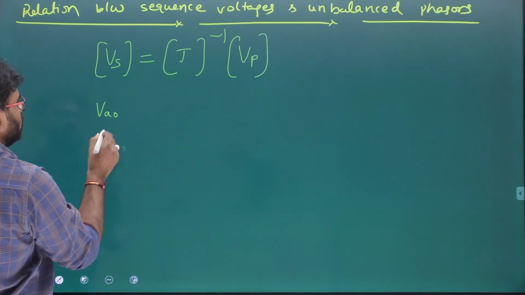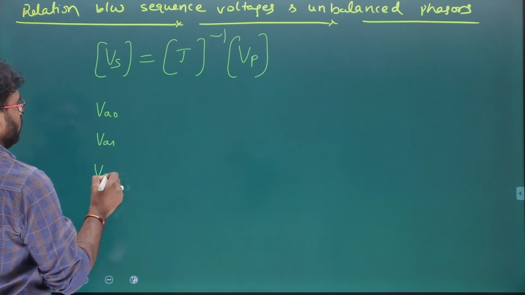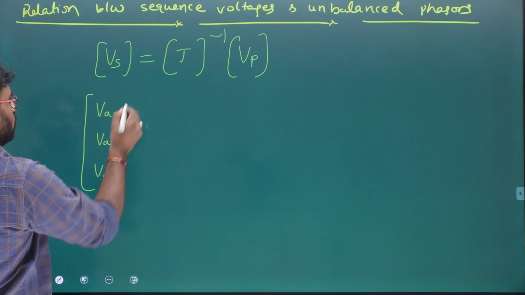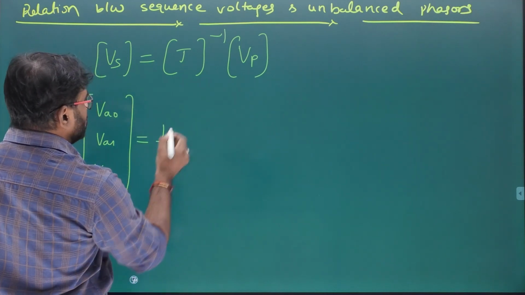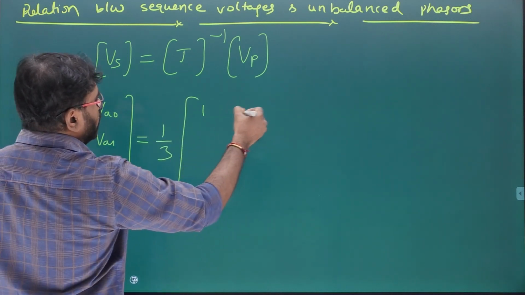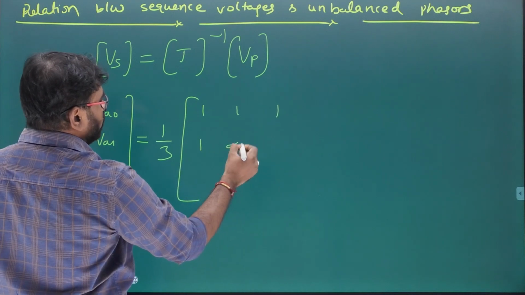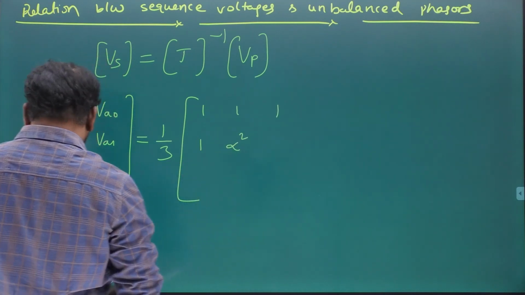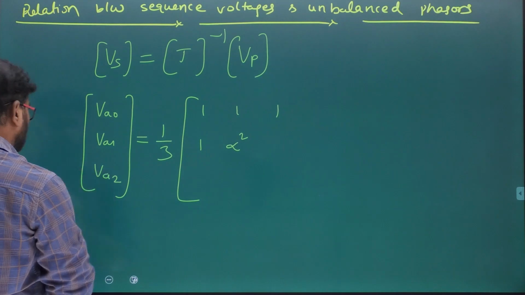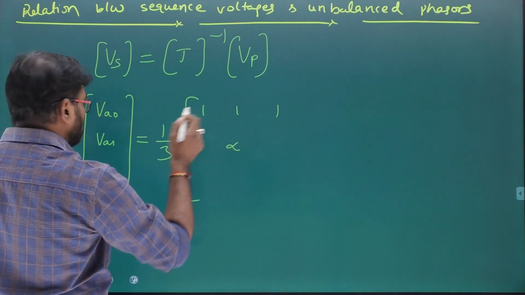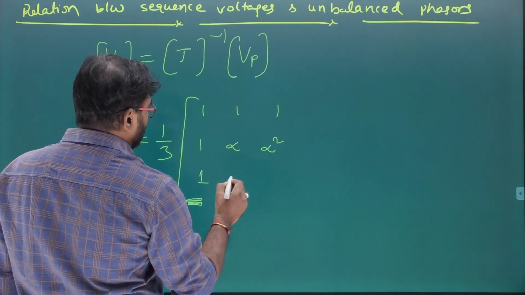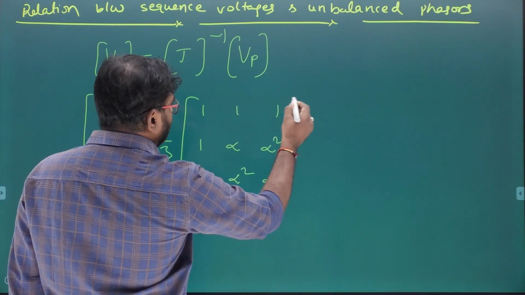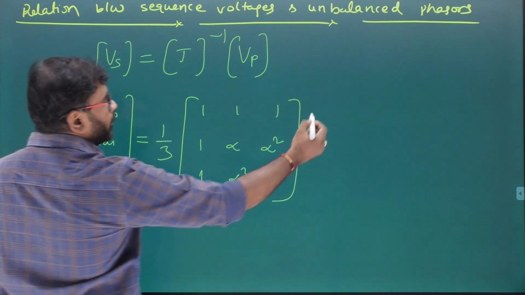Again VA0, VA1, VA2, that is equal to 1 by 3 times T inverse. I am directly writing 1, 1, 1; 1, alpha, alpha square; 1, alpha square, alpha, times VP.